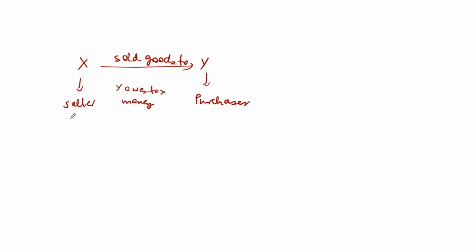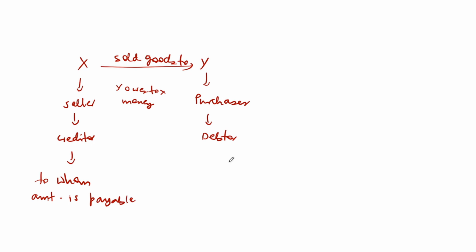So from the standpoint of sale, X is called the creditor, and Y is the debtor. The debtor purchases goods from the creditor and he has to pay money. So creditor is the party to whom the money amount is payable, for the goods or services purchased or rendered respectively.